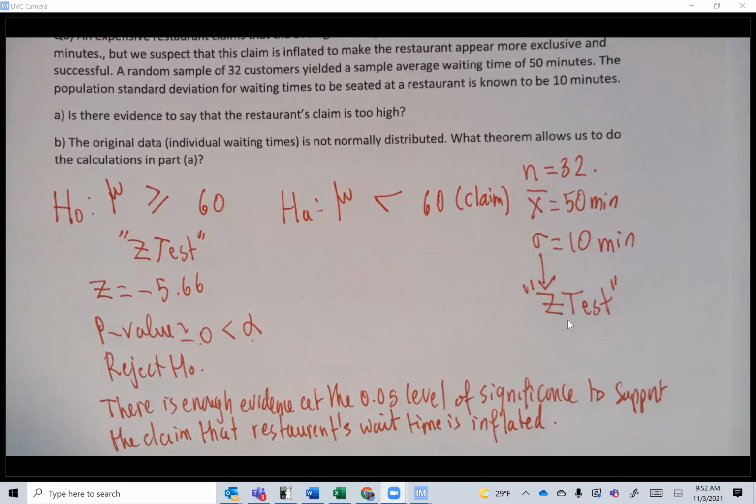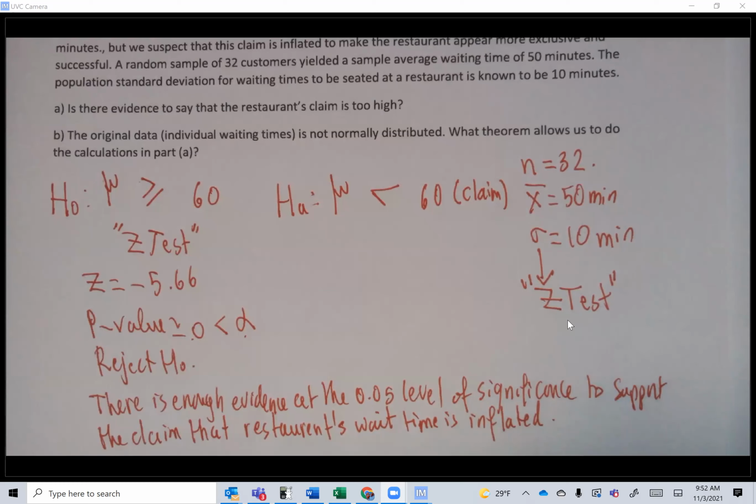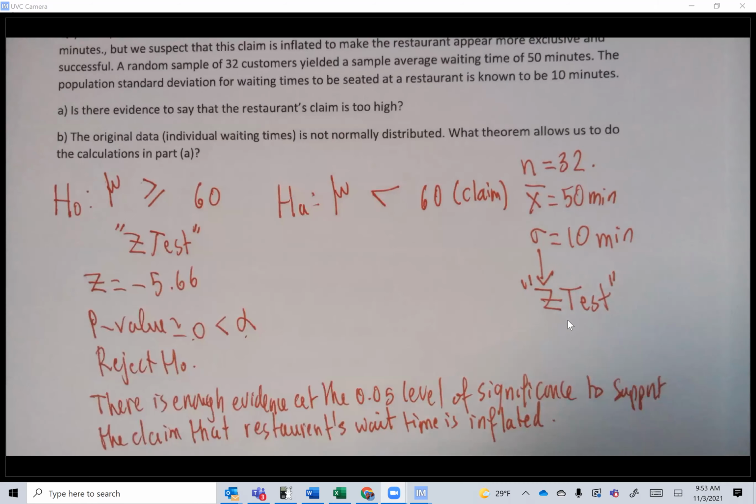All right. The original data, individual waiting time, is not normally distributed. How could we do this problem? What theorem allows us to do the calculation in part A? Because the sample size is more than 30, guys, it doesn't matter whether the original population is normal or not. Look, that's 32, so we're safe. It's the central limit theorem that allows us to do that.